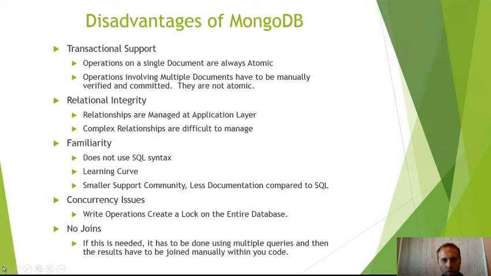They're not atomic like they are in a relational database like SQL. Relational integrity is also a little disadvantage compared to SQL. The relationships are managed at the application layer rather than the database management system, and sometimes complex relationships can be difficult to manage.